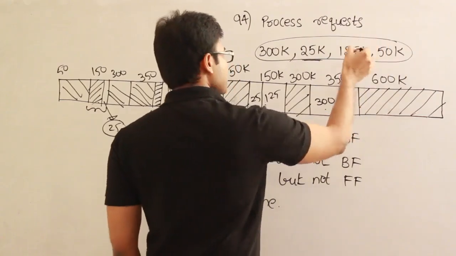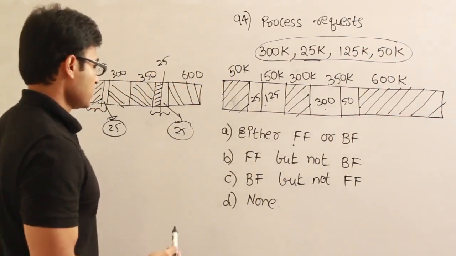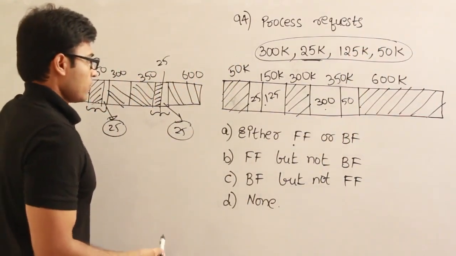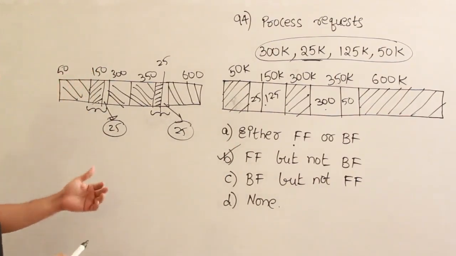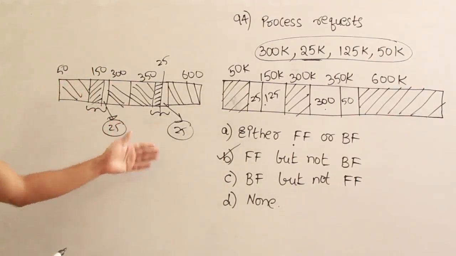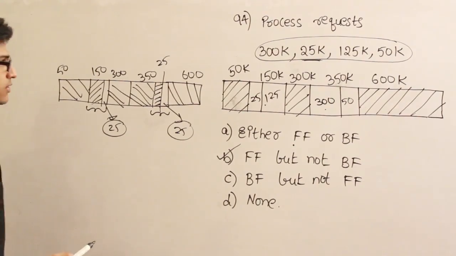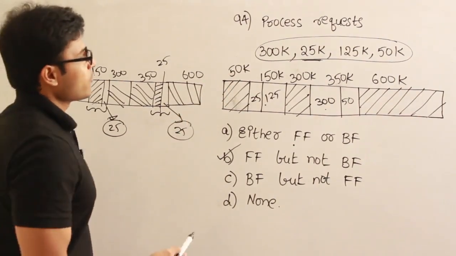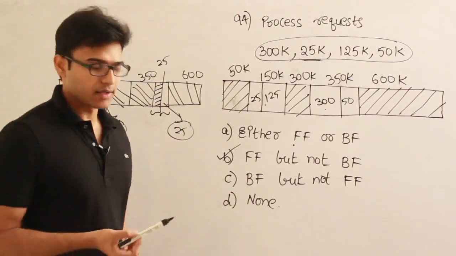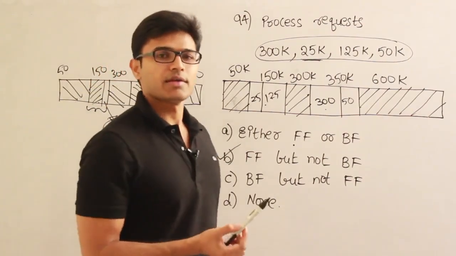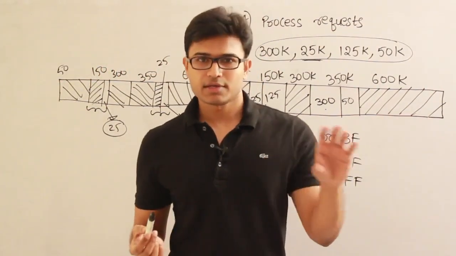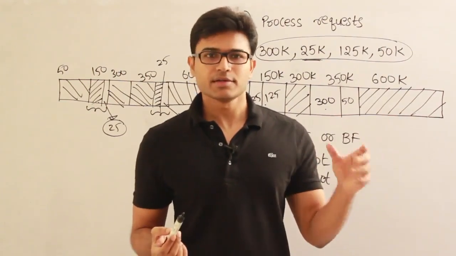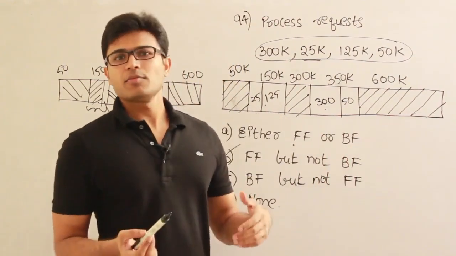So what is the option? This request would be satisfied using first fit but not best fit. The reason is if I use best fit, I am ending up with two holes at different places containing 25k, but I have a 50k requirement, I cannot put it there. So this problem is called external fragmentation. What is external fragmentation? Having space available at two different places, but since they are not contiguous, I will not be able to use it.